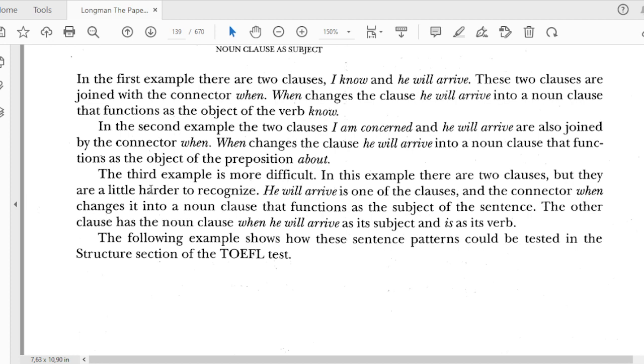He will arrive is one of the clauses, and the connector when changes it into a noun clause that functions as the subject of the sentence. The other clause has the noun clause when he will arrive as its subject and is as its verb.